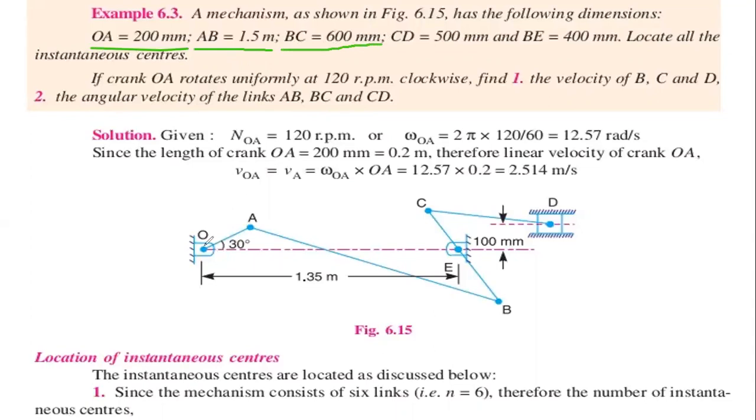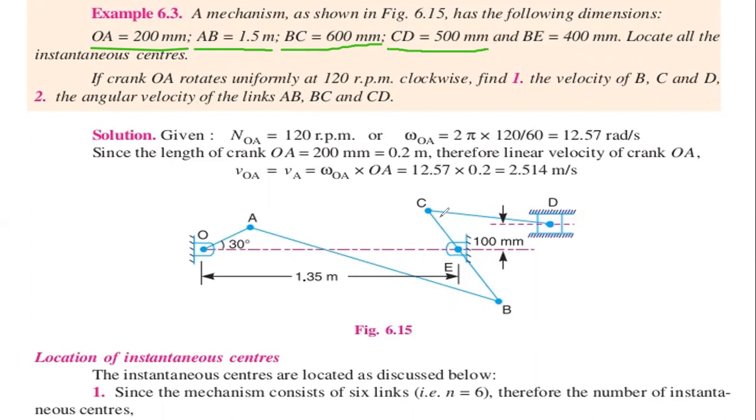First of all, OA is the crank and AB is the connecting rod between the other fixed point, and BC is another connecting rod, and CD is the slider length, that is 500 mm.